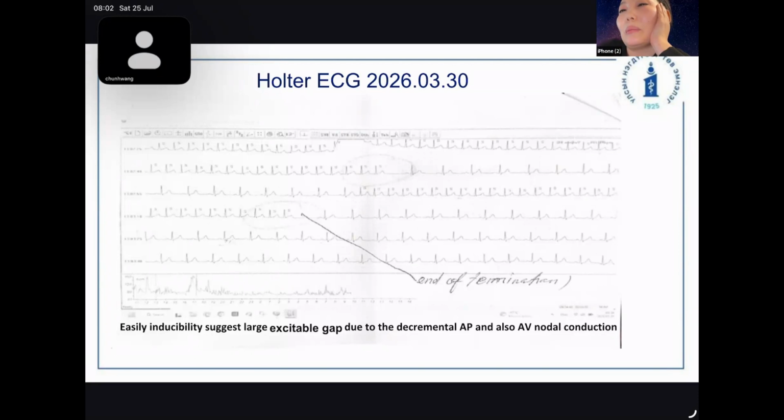It means maybe it is due to an accessory pathway or AV node reentrant tachycardia.